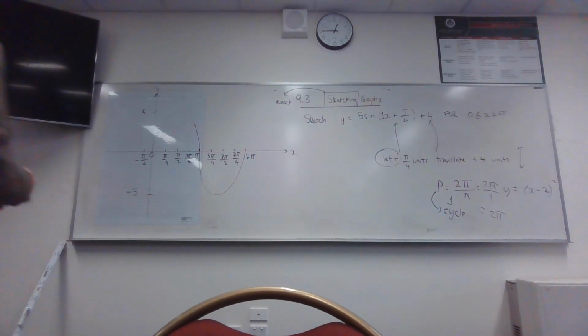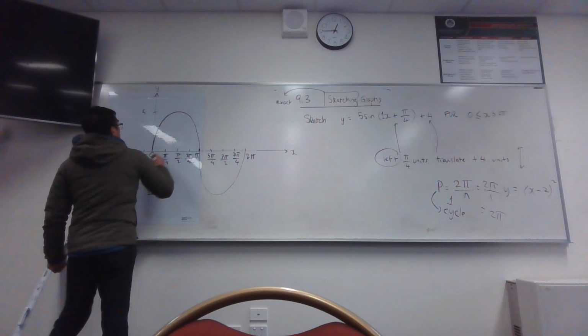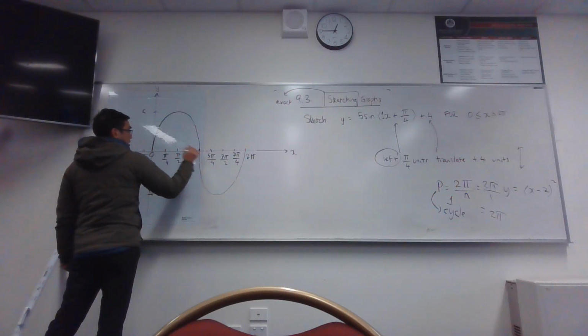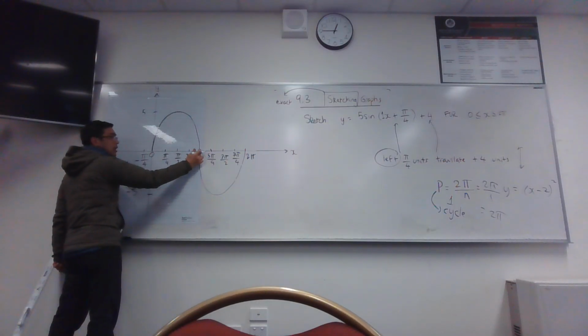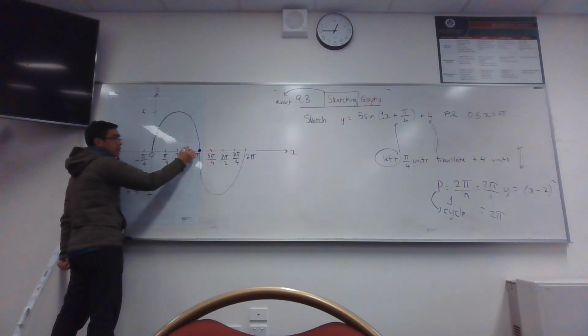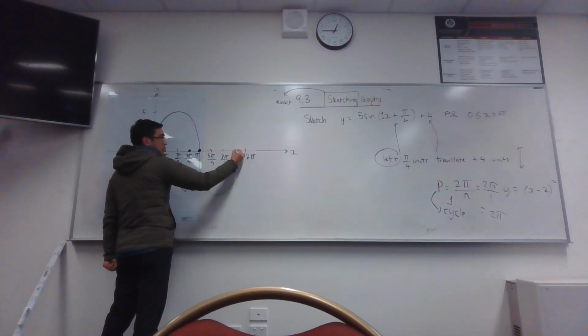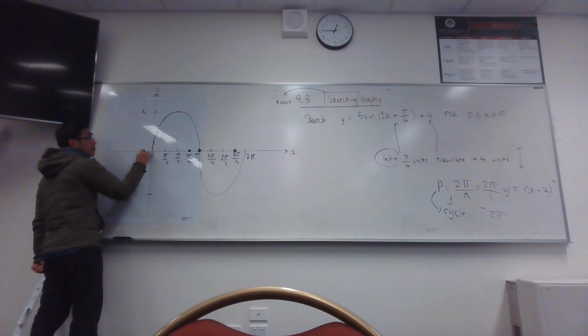So before we do that, if this was our original, so everything else, where's this guy going to move to? 3 pi and 4. Where's this guy going to go to? 7 pi and 4. This one? Pi and 4.